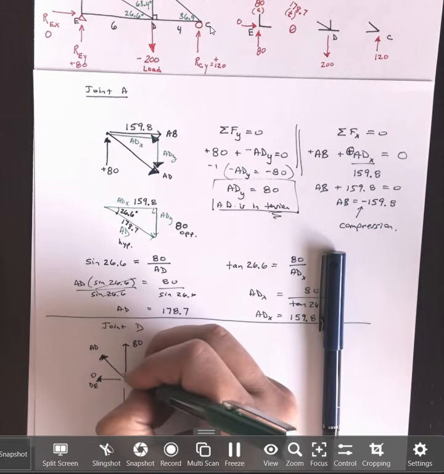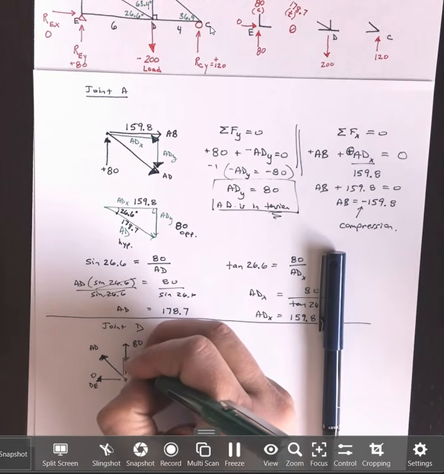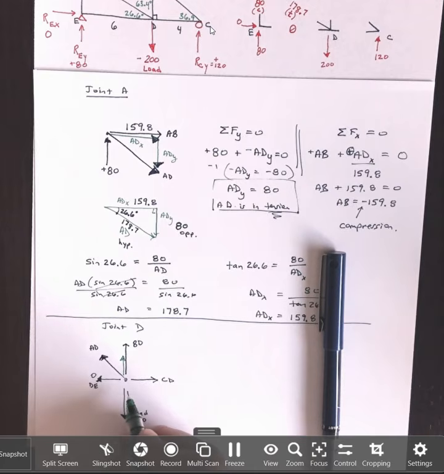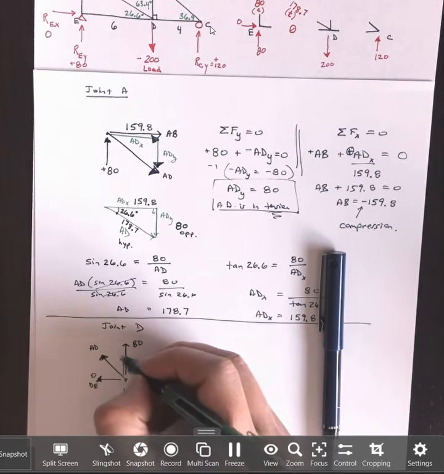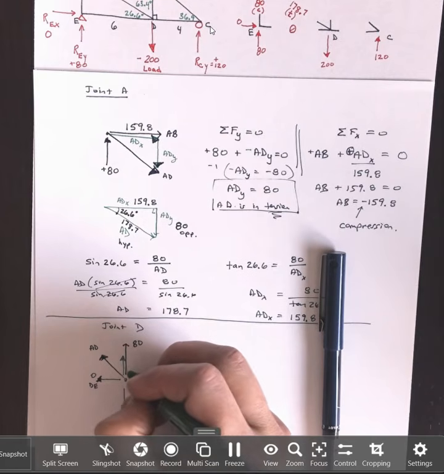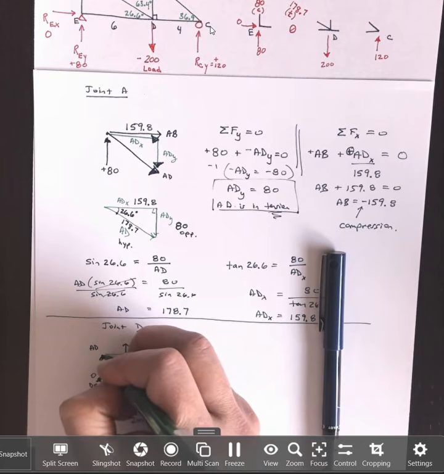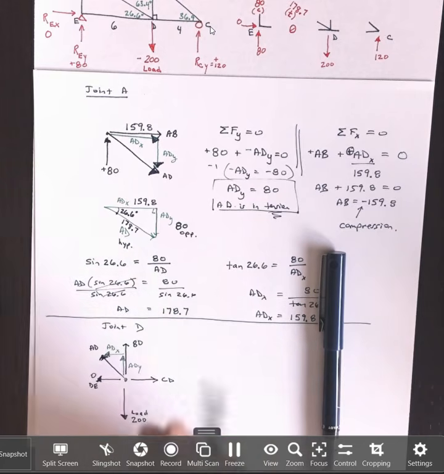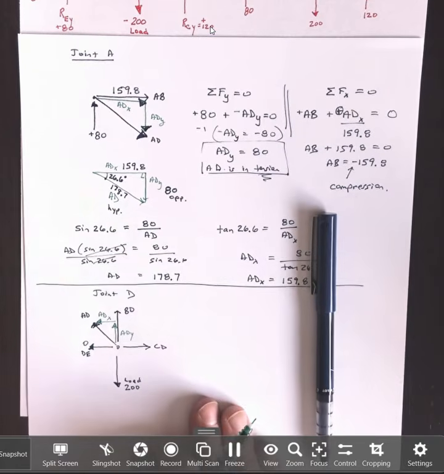Which means, from joint D's perspective, I know I have ADY going up, and then I have ADX going to the left.